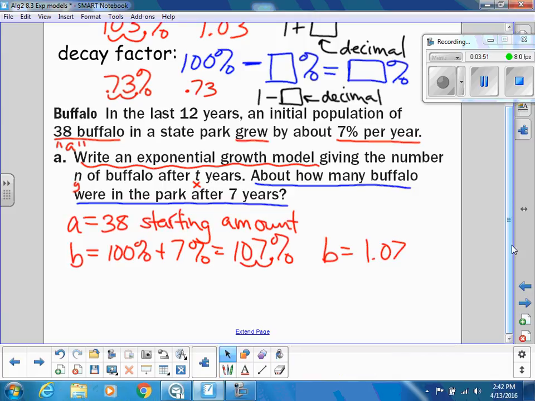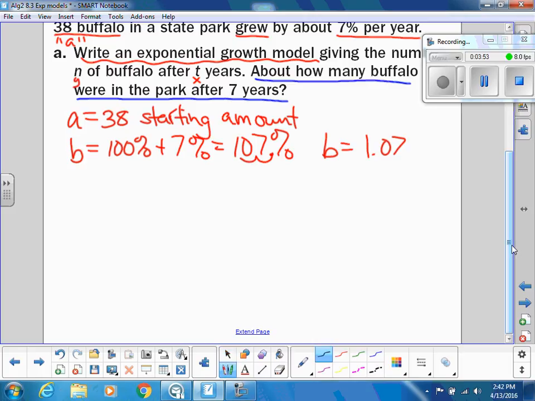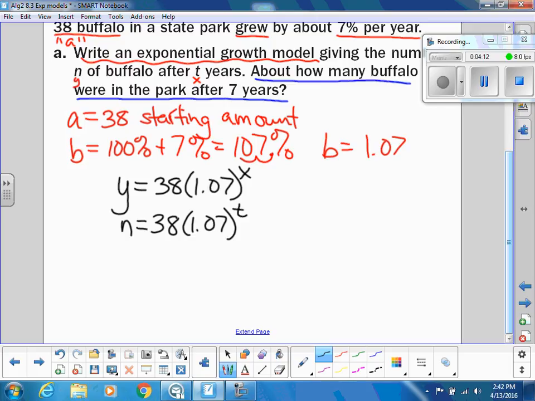So if we were doing Y and X, my equation would look like this: Y equals 38 times 1.07 raised to the X power. The only thing I'm going to change is instead of Y, I'm using the variable N for number of buffalo. And instead of X, I'm using T for the number of years. T is always for time, and that's the number of years. So that's our first answer.